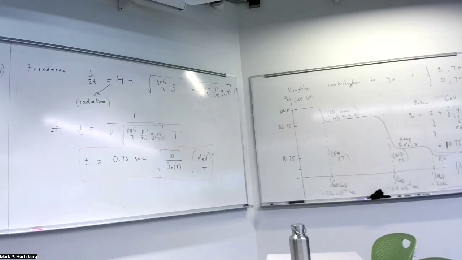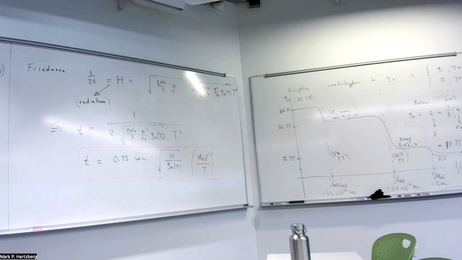Okay. The naive answer is that G star is 2 plus 7/8 times 2 times 3. Photons and neutrinos remain; E plus E minus have disappeared. But this turns out to be wrong. All right, let me tell you why it's wrong.